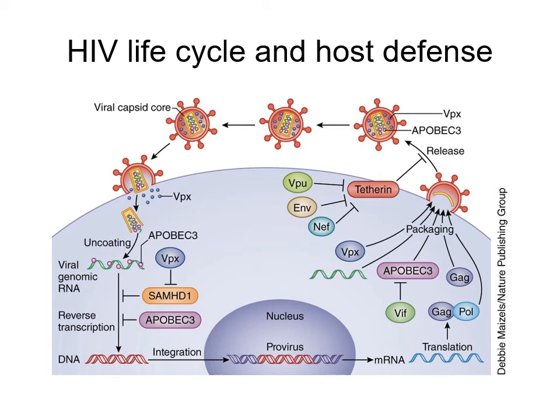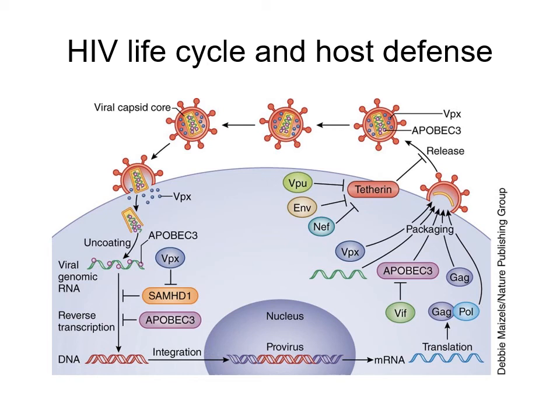Okay, so it's going to create mutation. The other thing it does is manage to get itself, to some extent, packaged into new virions. So after the reverse transcription occurs, the provirus is there in the nucleus, and it's going to be creating mRNAs to create new virions so that the infection can proceed.